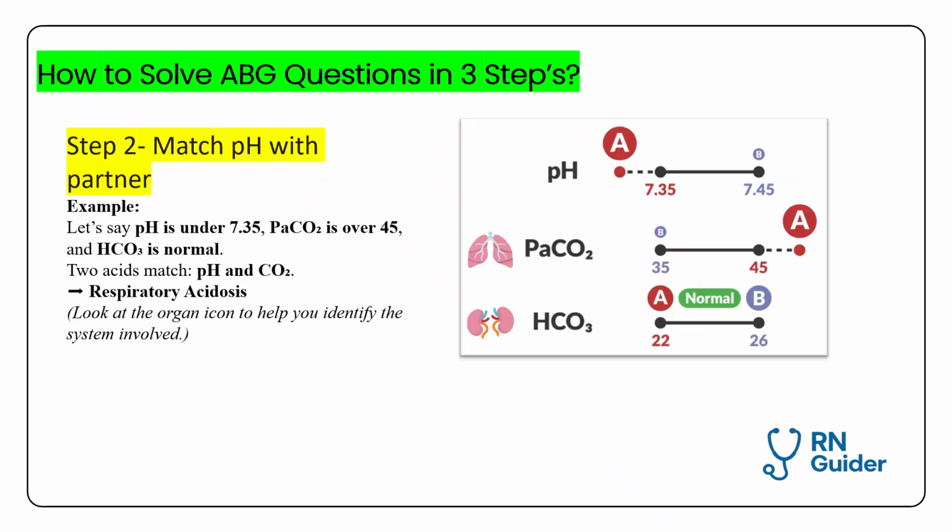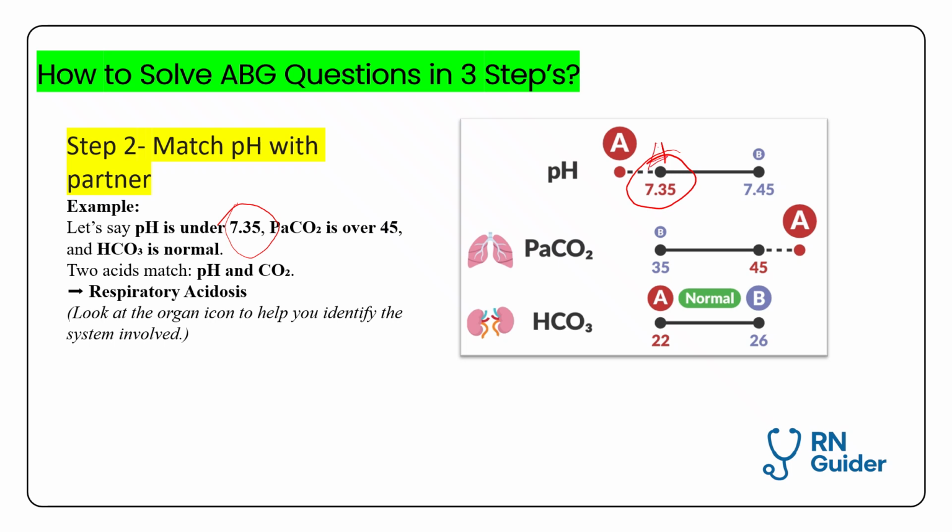So in step 2, we will see one example, and what we have to do in step 2, we will discuss here. One example is given: pH under 7.35, that means this is below the minimum normal value. According to the formula, what is this?